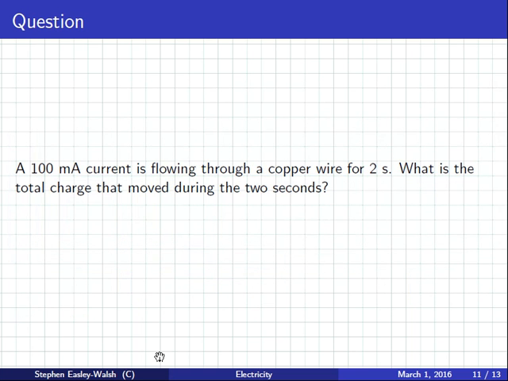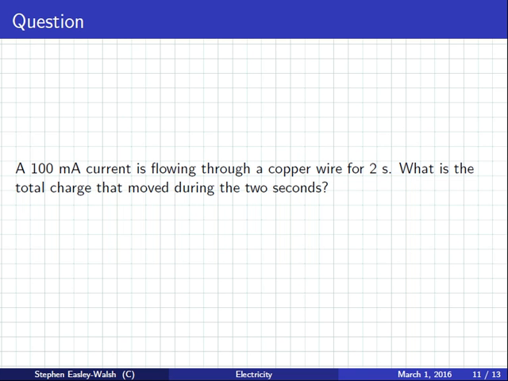Right, a 100 milliamp current is flowing through a copper wire for 2 seconds. What is the total charge? Okay, can you calculate that using the formula? So what do we get? I don't really think you need the calculator.